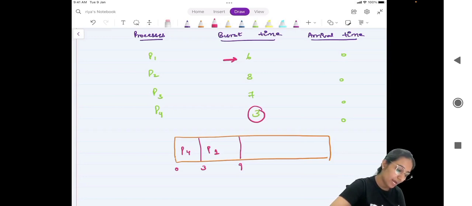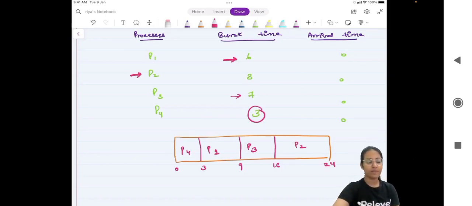Then we have P3, which will take us to 16, and in the end the longest burst time process is executed, which is this. We don't care about when the processes came into the system. If multiple processes came at the very first time, the one with the shortest job will be executed first.